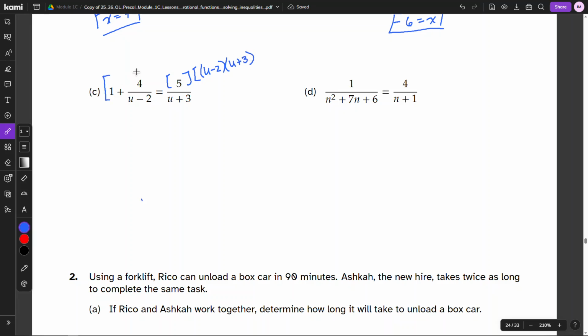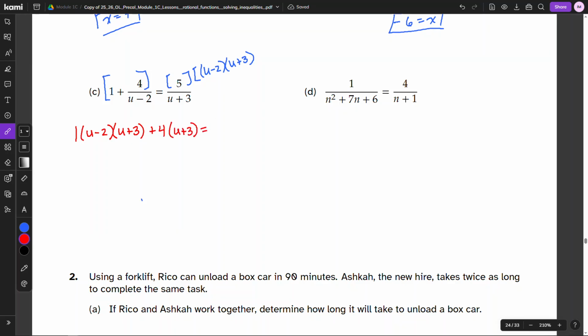And I'm going to do that to both sides of my equation. So the 1 needs to be multiplied by both terms of the denominator. The 4 needs to be multiplied by the u plus 3.